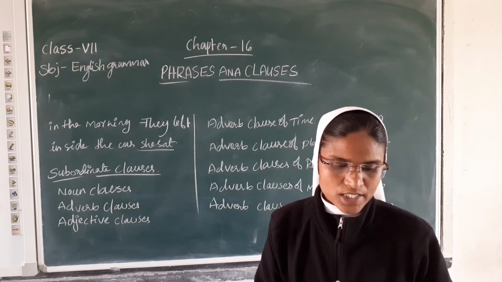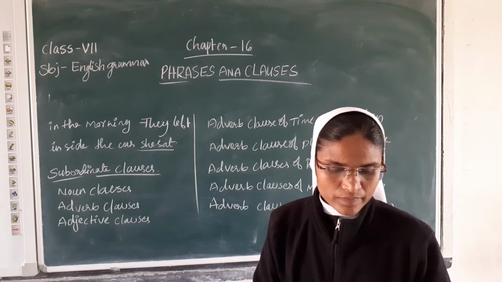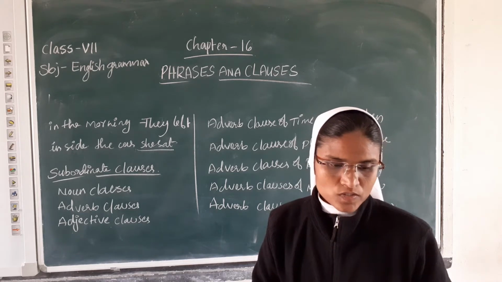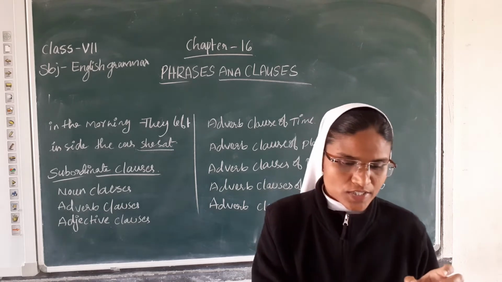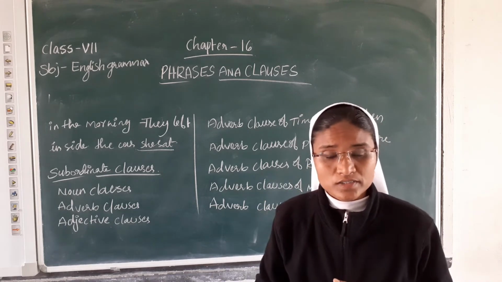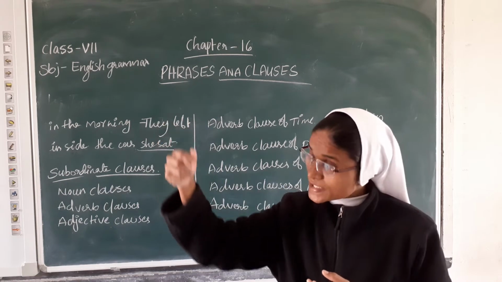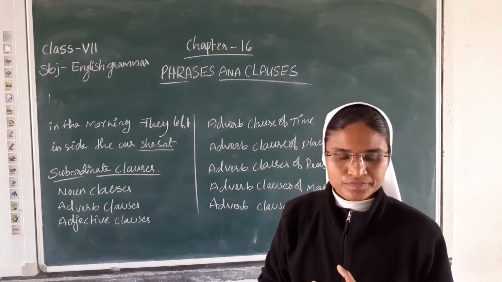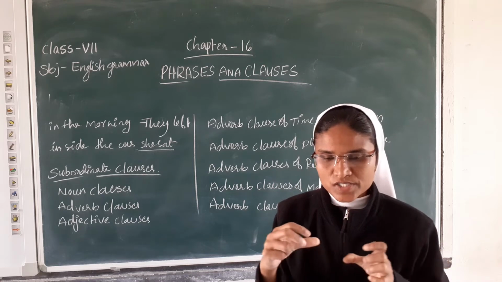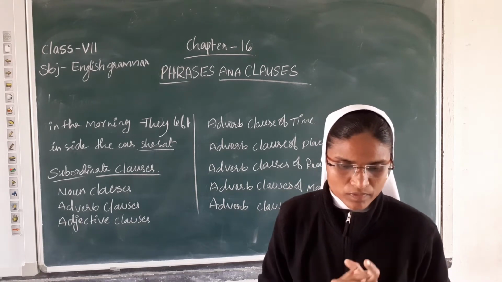Since "at sunset" is an adverb, it is called the adverb phrase. She returned at sunset, that is, when the sunset comes, she returned back. When we read the sentence, we can understand the complete sense.